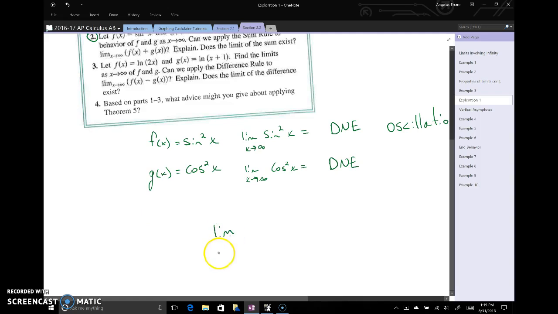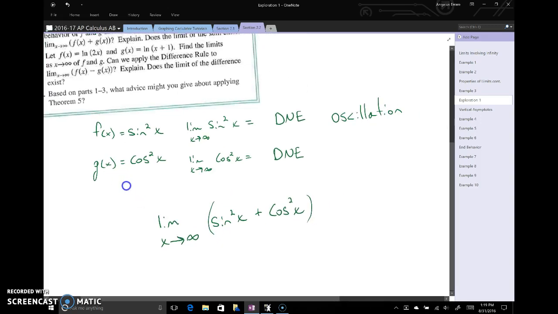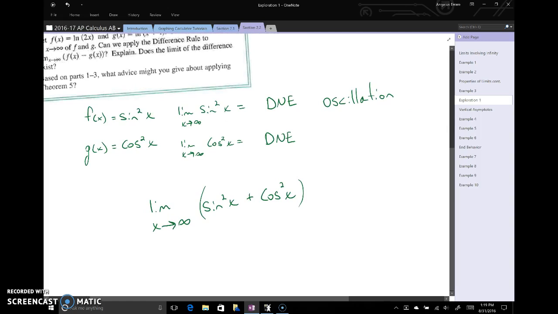So let's consider this. What is the limit as x approaches infinity of sine squared x plus cosine squared x? Since both of these limits do not exist, we can't say that the limit of this function is one thing or another as x approaches infinity.